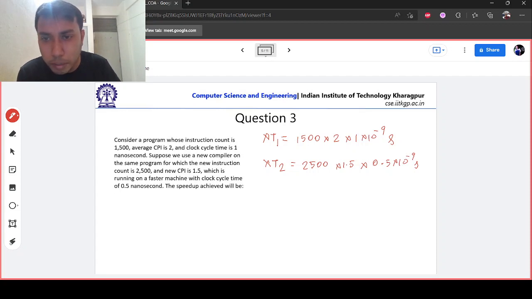Here the speed up that 2 achieves over 1 will be performance of 2 divided by performance 1.